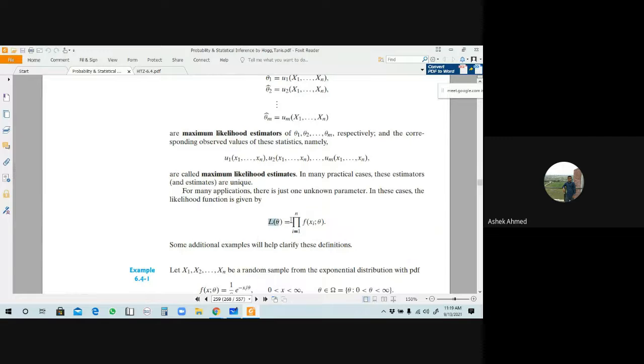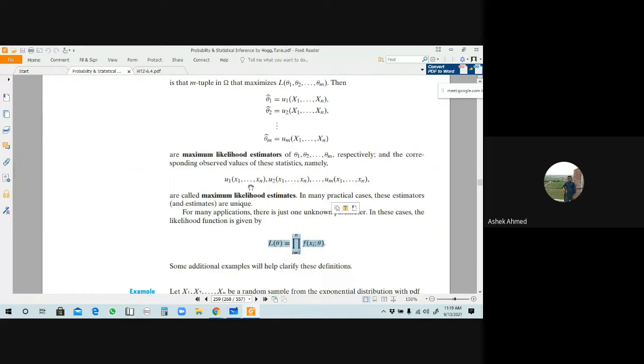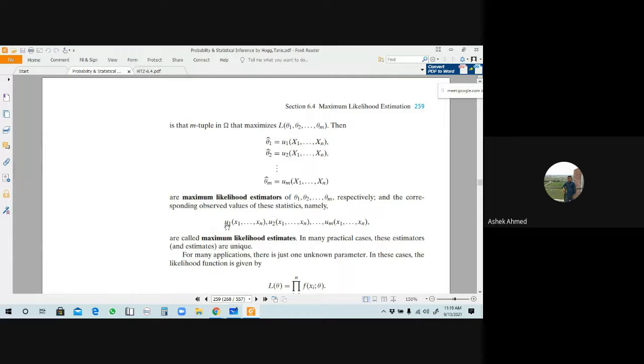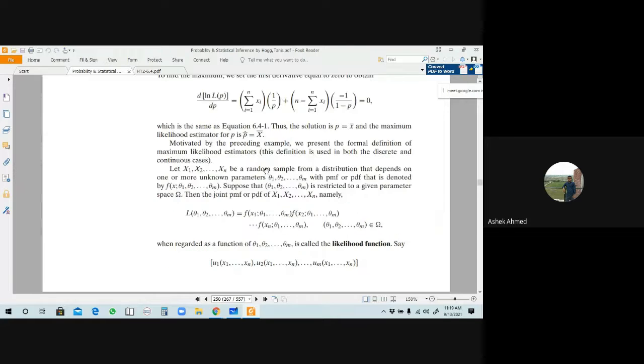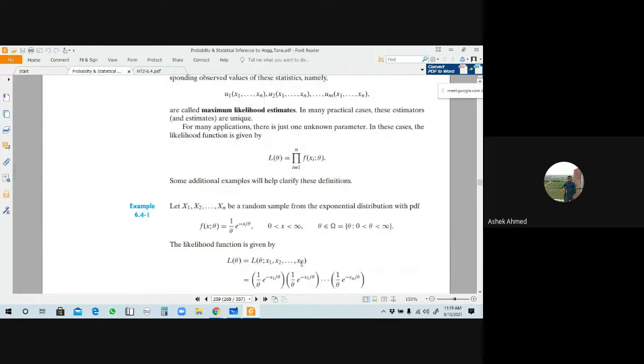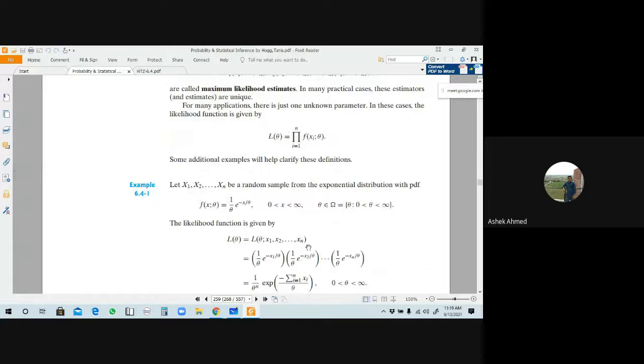This is the form for one parameter. This is the form for m number of parameters. Okay. So by using this concept, we will solve some examples here.